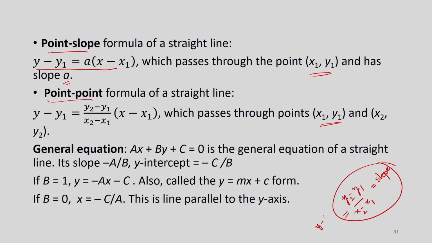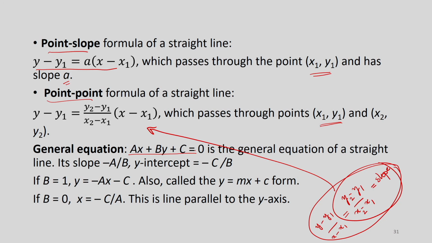So, y minus y1 divided by x minus x1 should also be equal to this, right, and then from this entire thing we get this form, that y minus y1 is equal to y2 minus y1 divided by x2 minus x1, whole thing multiplied by x minus x1. Okay. So, these are the two formulas of straight lines. Now, what is the general form of a straight line's function, which is linear? So, this is the general form.